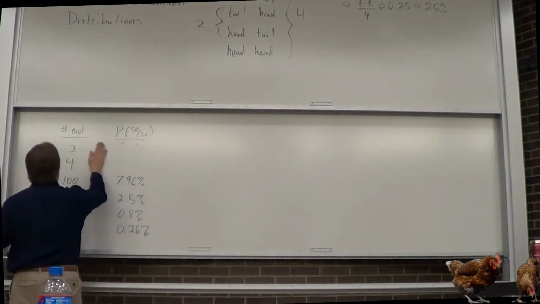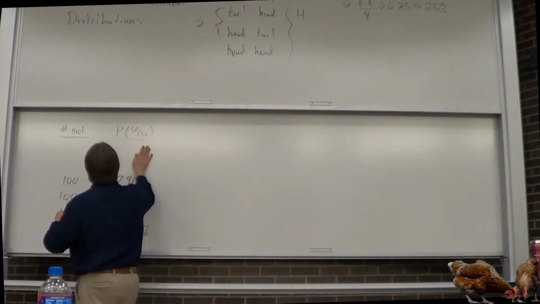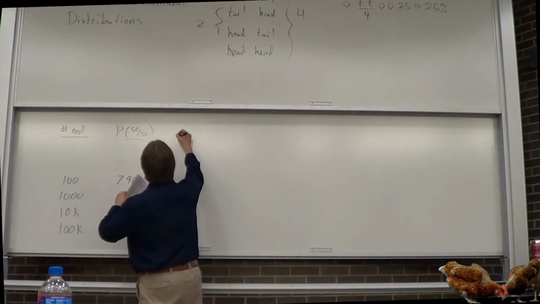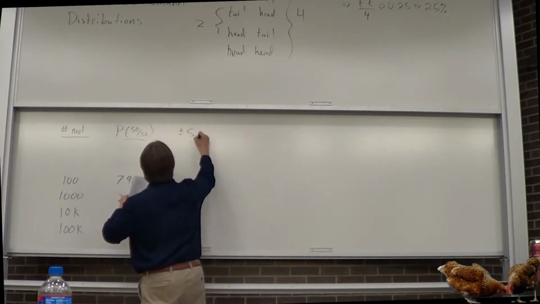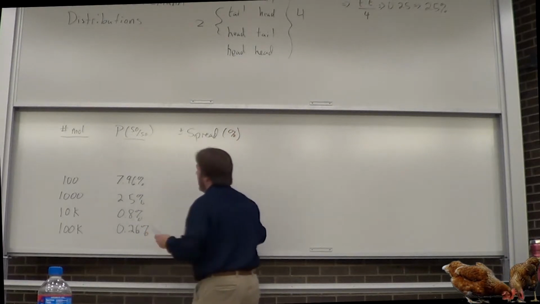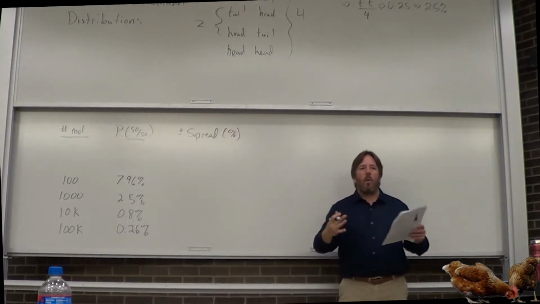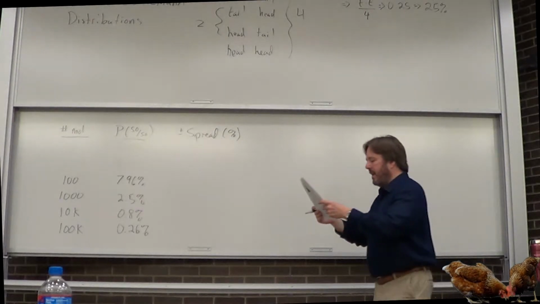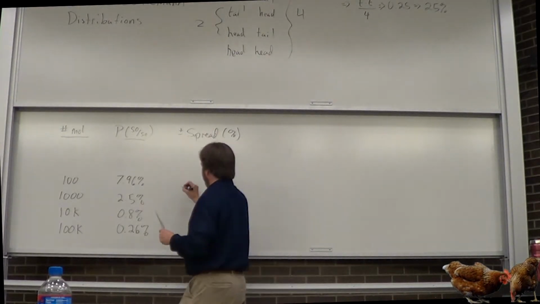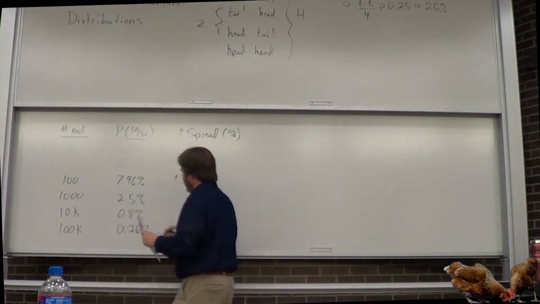And I'm going to wipe out these guys because they're small numbers. We want to work with large numbers because that's where there's a problem. So what I'm going to do is I'm going to add a spread. And I'm going to look at that as a percent. Now, if I do this experiment on 100 coins, I want to see 50 plus or minus 3.